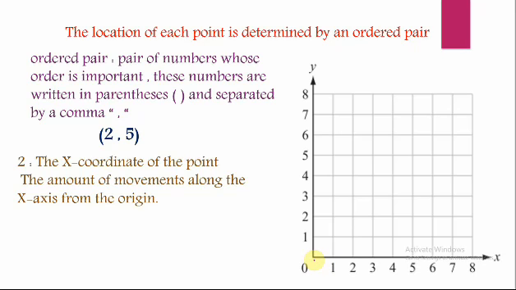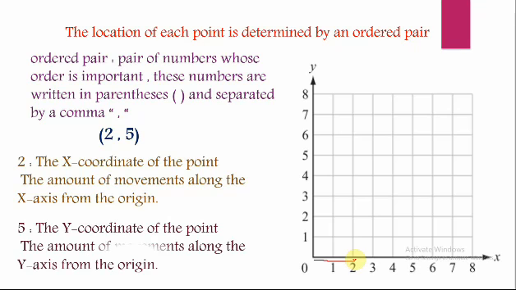Move until you find number 2. Here it is. Then we're going to start moving from here. What about the 5? 5 is the y-coordinate of the point, or the amount of movement along the y-axis from the origin. It means how many we are going to move on the y-axis.